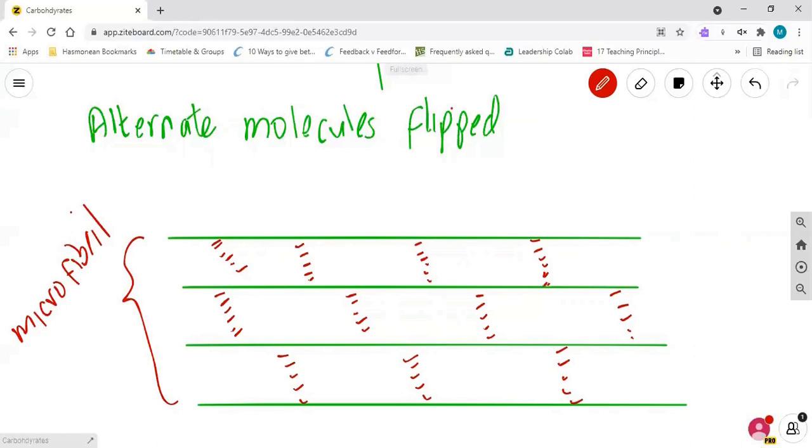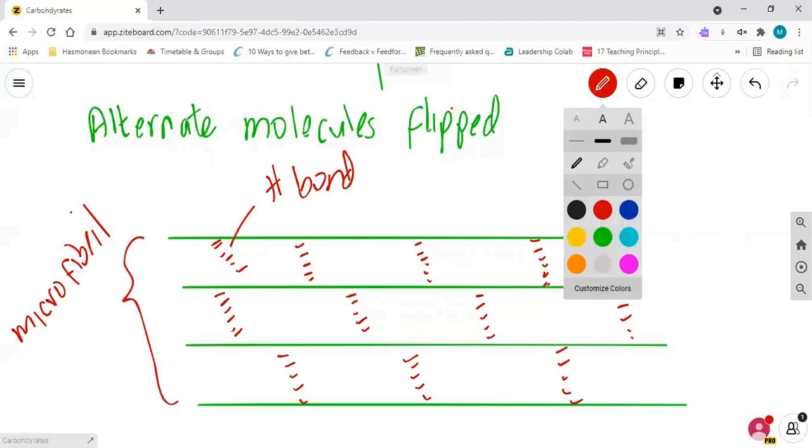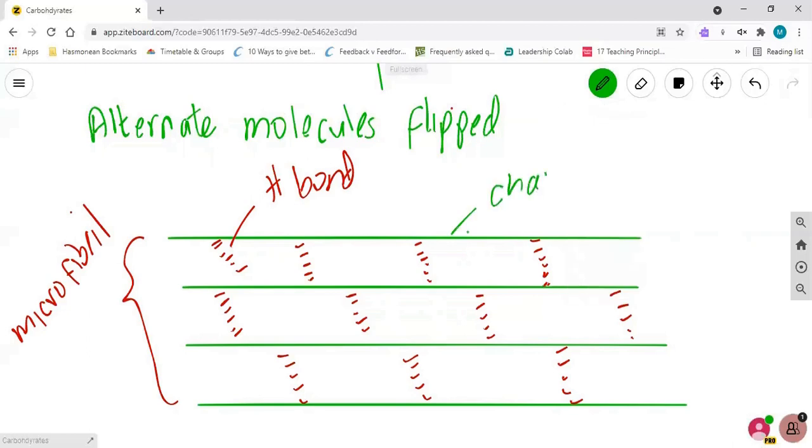So this is what provides the high tensile strength, the hydrogen bonds connecting my chains of beta glucose, forming my microfibril. And this is why plant cell walls are insoluble, have a high tensile strength, but they're still flexible.